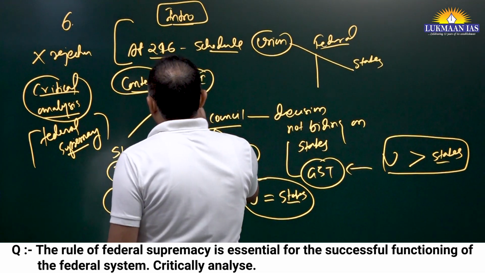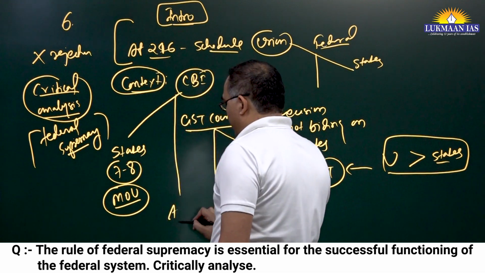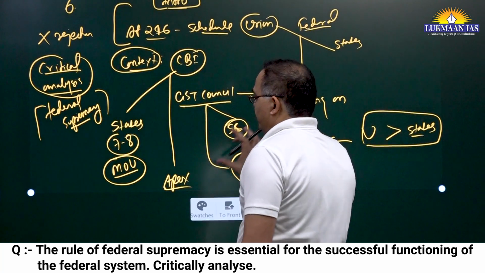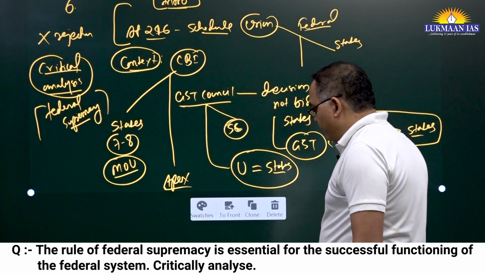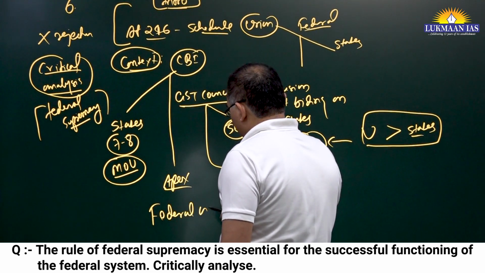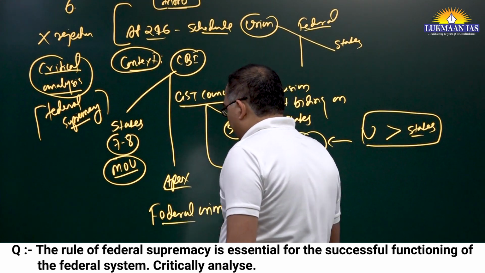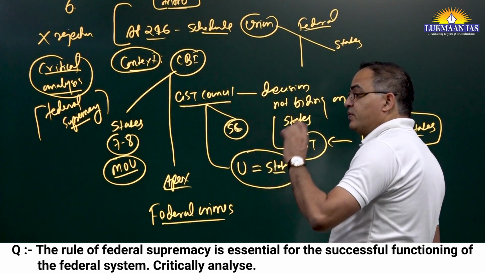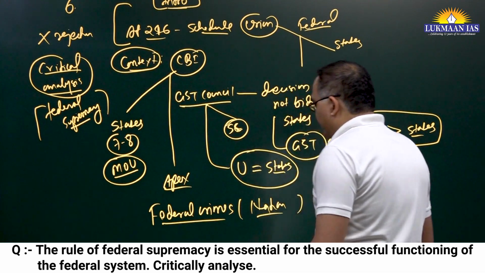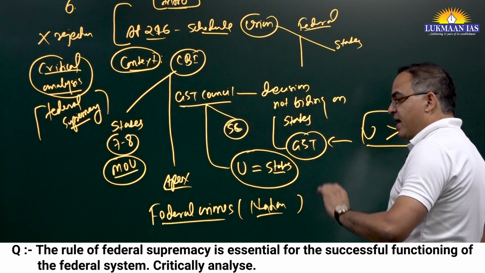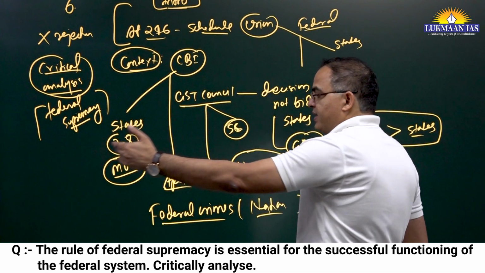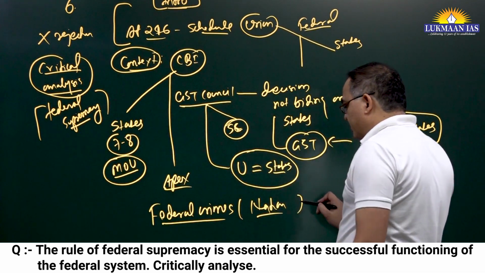Now come to CBI, the apex investigation body. There are crimes which are federal in nature, which will affect our country as a nation, even if they happen in a state. If a crime happens in a state, affecting the nation, and the state does not agree to a CBI inquiry, it affects the national interest.